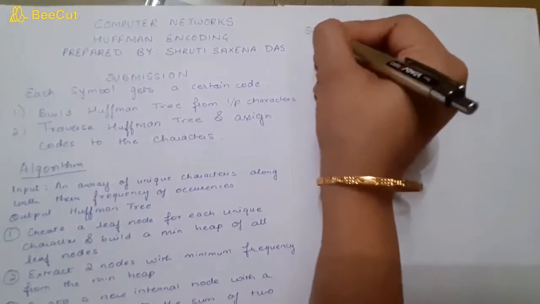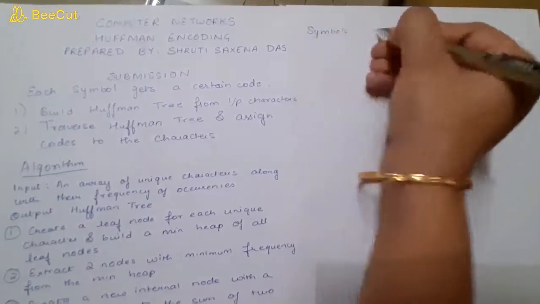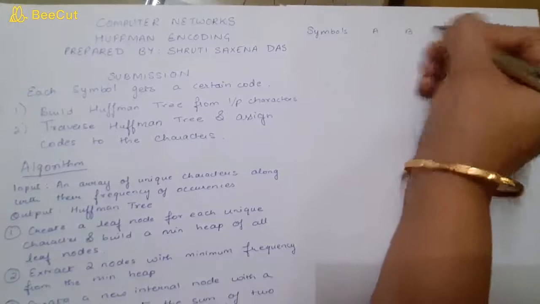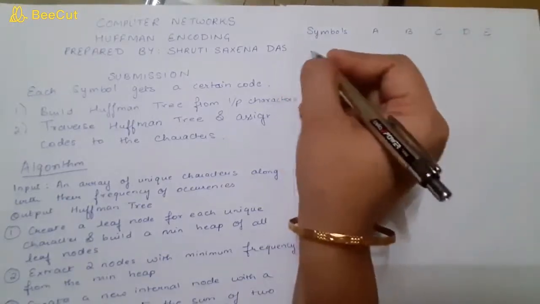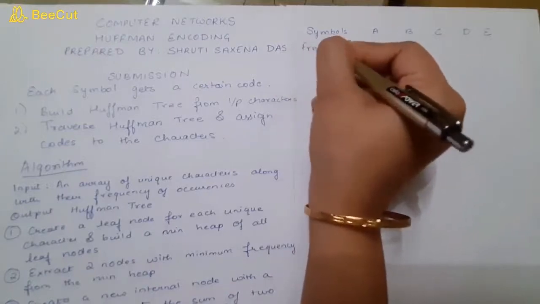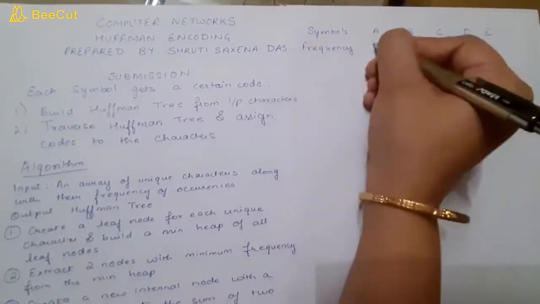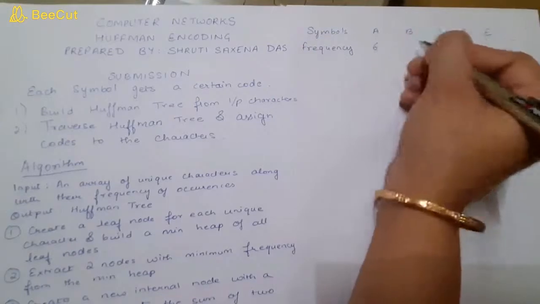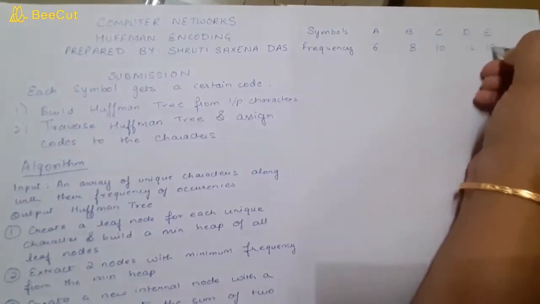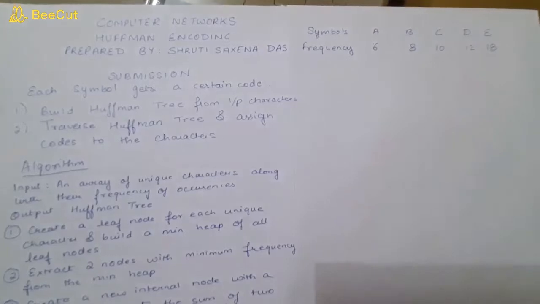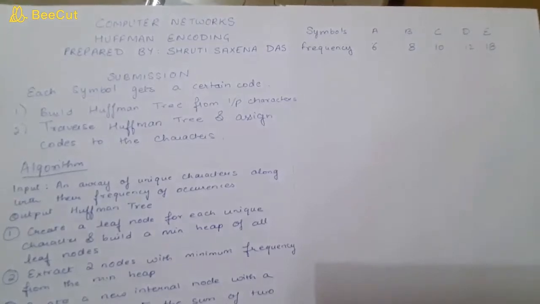So the symbols are A, B, C, D and E. There are 5 symbols given, and the frequencies given are 6, 8, 10, 12, 18. So the first step says that we need to create a leaf node for each unique character.